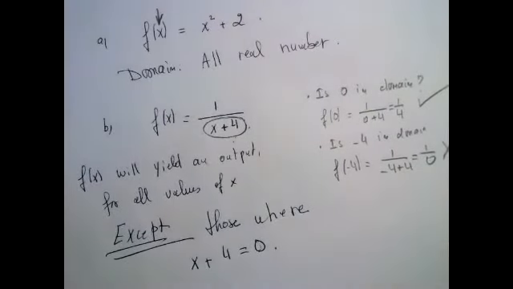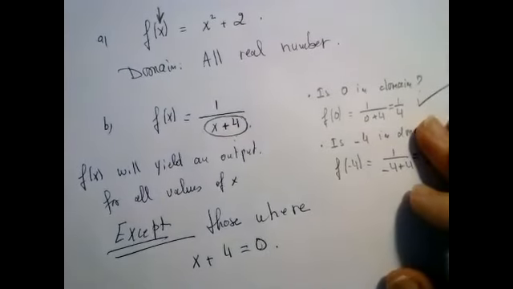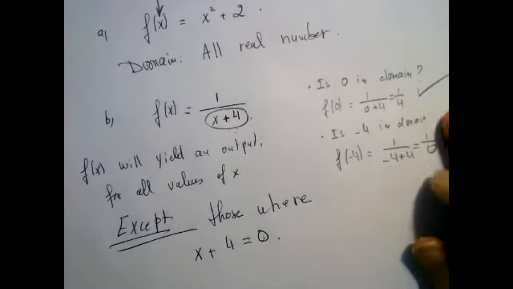That's right. So f of x will yield an output for all values of x except those where x plus 4 equals 0.